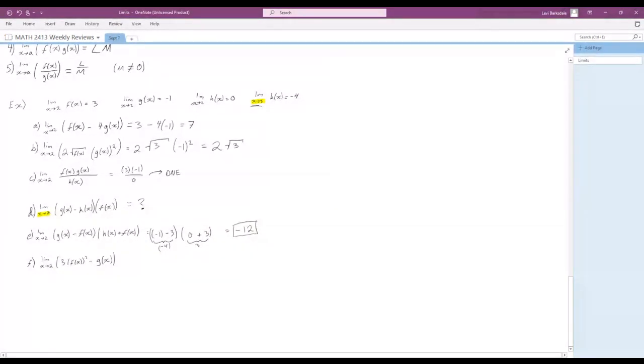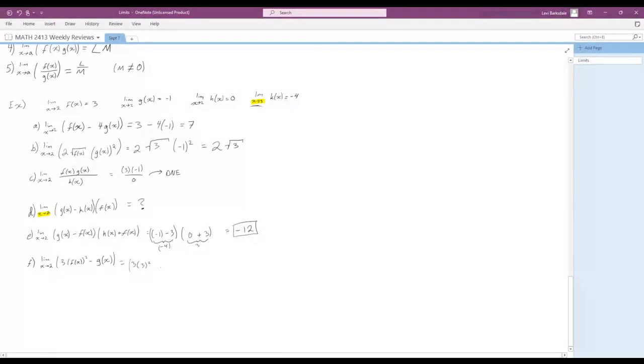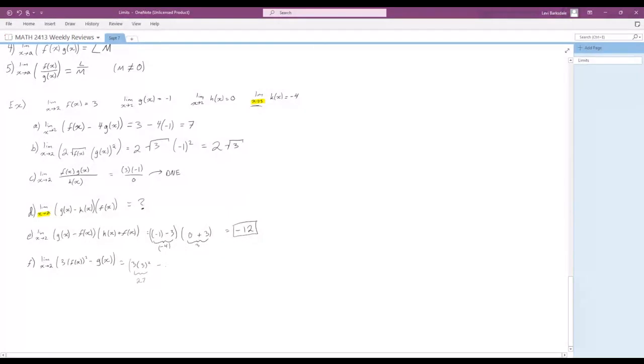Perfect. And then f of x is 3. 3 squared is 9. 9 times 3 is 27, minus g of x, which is -1. Final answer: minus -1, so that's +1, so 28. Perfect.